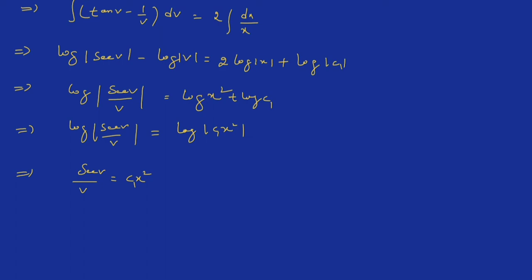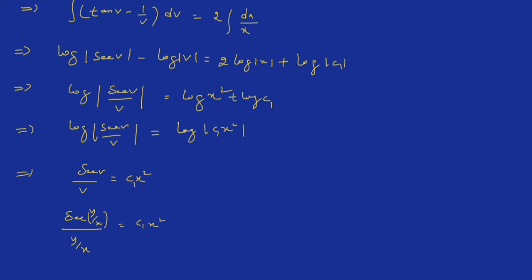So we get here, sec v means sec of v value, which is y by x, and in the denominator it is y by x, equal to c1 x square, right?